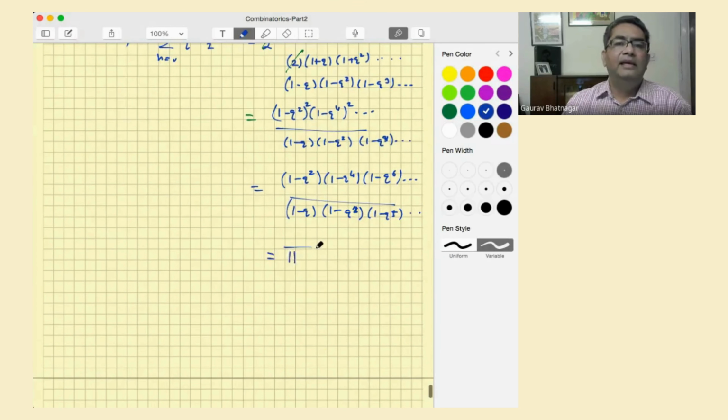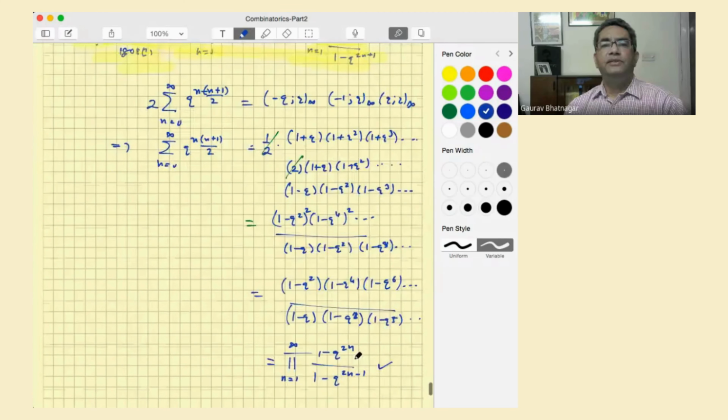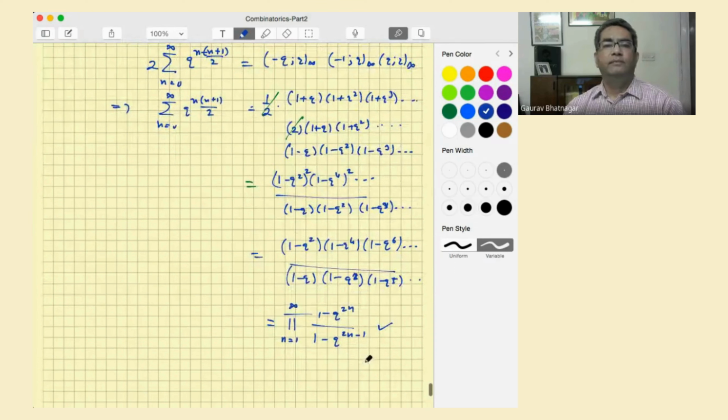And that's precisely whatever this guy is, 1 minus q to the 2n, or 1 minus q to the 2n minus 1, for n equal to 1 to infinity. That's the RHS. Is that okay?